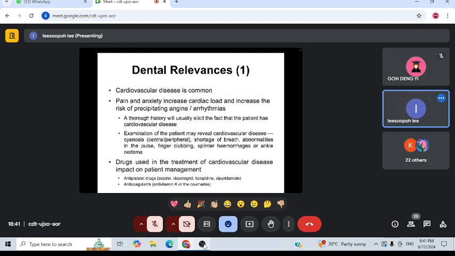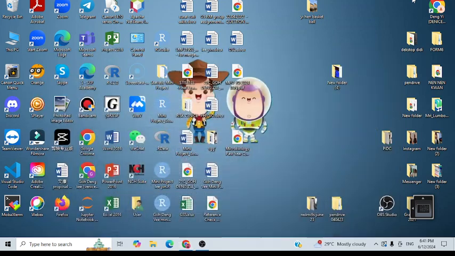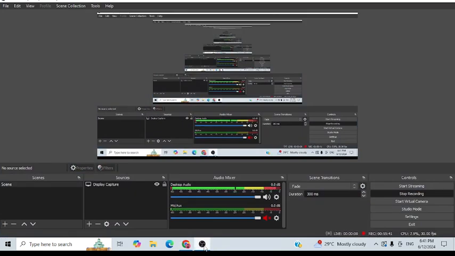Okay. So the things related to dental practice, of course, will be the chest pain history and medication that the patient is taking, especially antiplatelet, because antiplatelet drugs, especially aspirin and clopidogrel, the half-life is about 5 to 7 days.